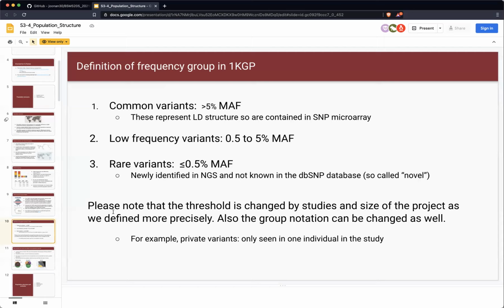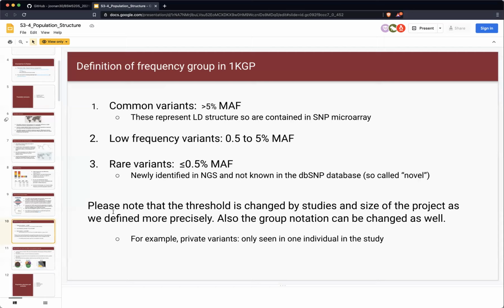Or sometimes these days people also define a group like ultra rare variants, which is less than a certain percentage. So there is also a distinction from the rare variants, right? Ultra rare variants are literally much rarer than the rare variants, and they distinguish the characteristics of the ultra rare variants compared to rare variants.